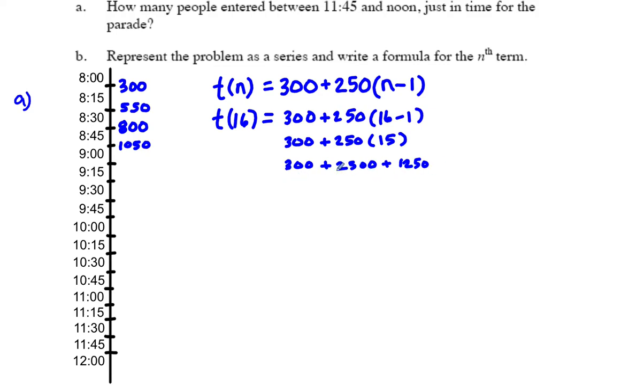This should be 300 plus 2,500 would be what? 2,800 plus 1,250. So we should end up with the number of people entering the park here should be 4,050 people when we add those two together.